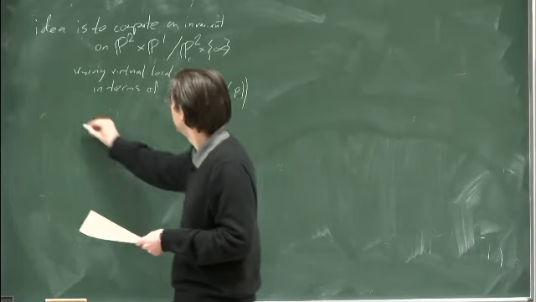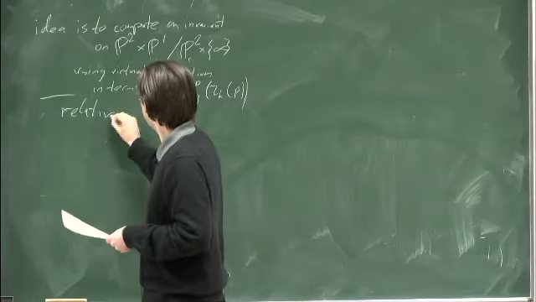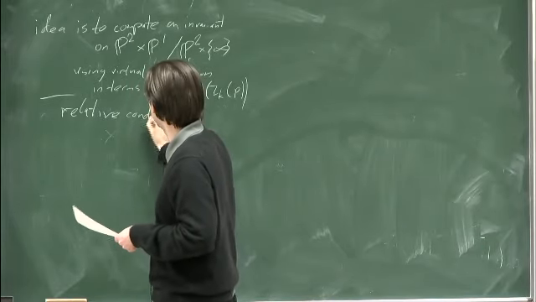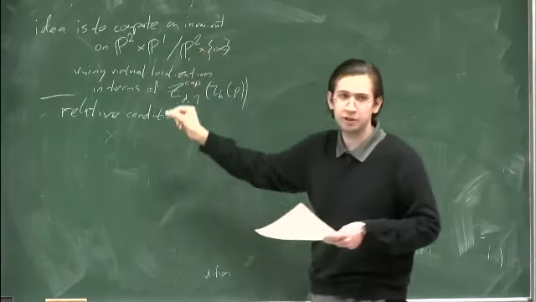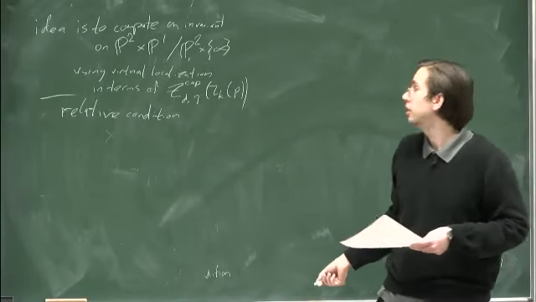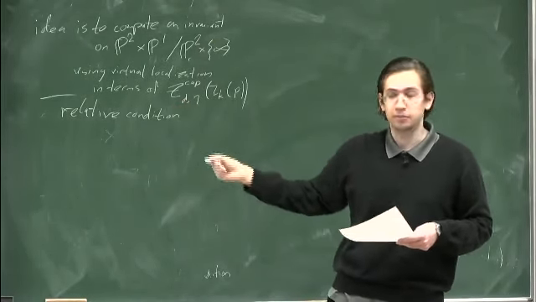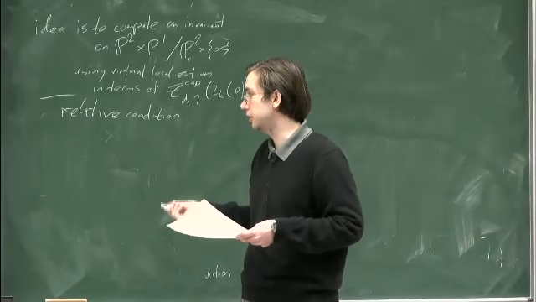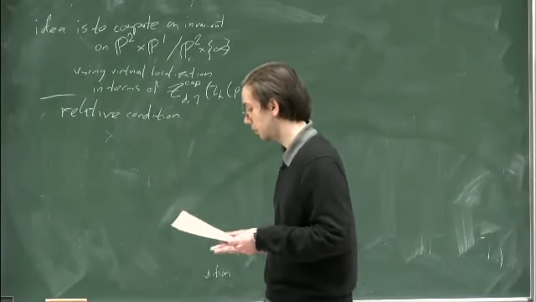So specifically, the relative condition. Here this will live in the cohomology of the Hilbert scheme of d points on P2. So we want to think about a partition weighted by elements of cohomology of P2.